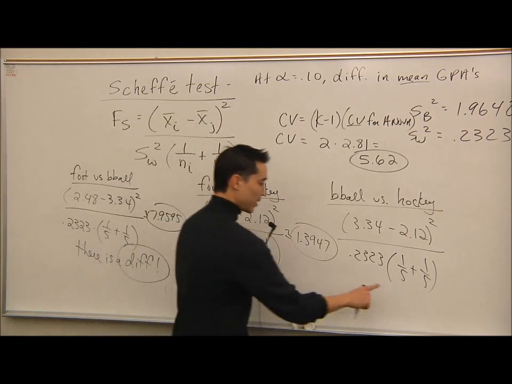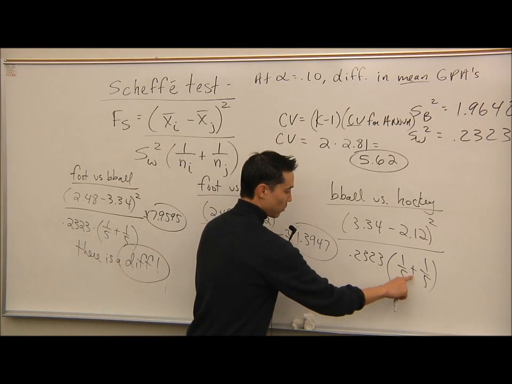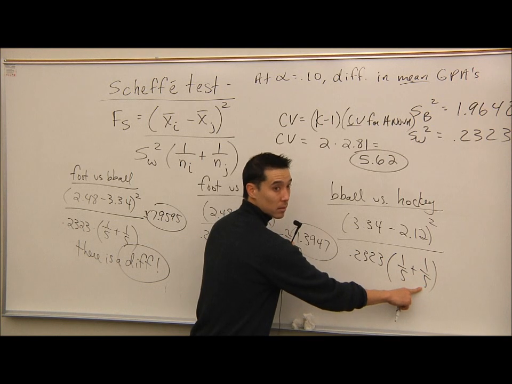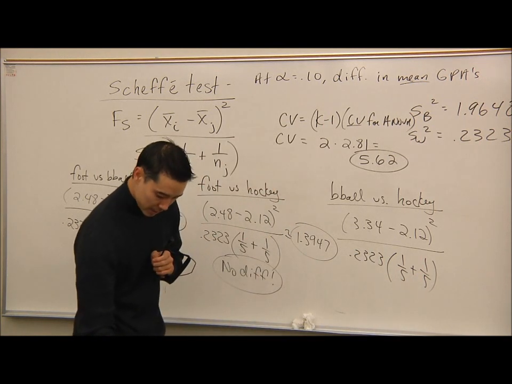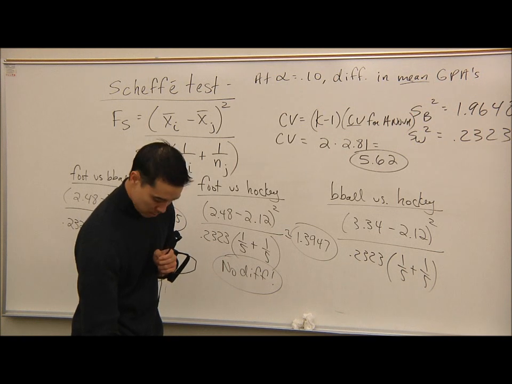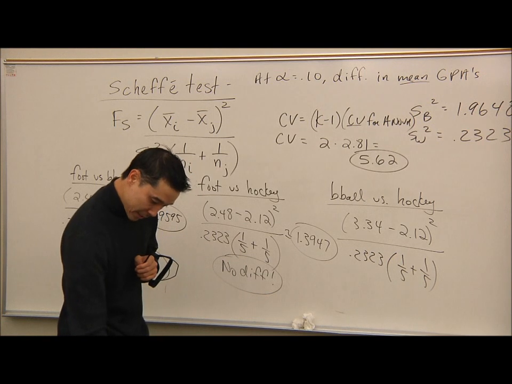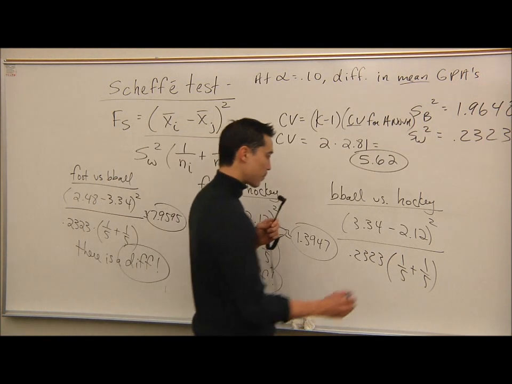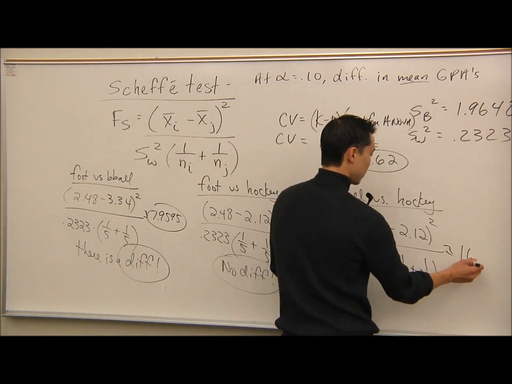But technically it's 1 over how many basketball players plus 1 over how many hockey players. Let's calculate that, and we'll finally be done with this problem. Whoa, I'm getting 16.018. So there's definitely a difference there.